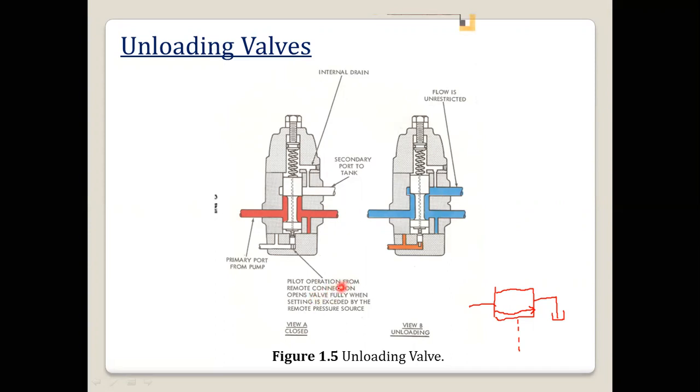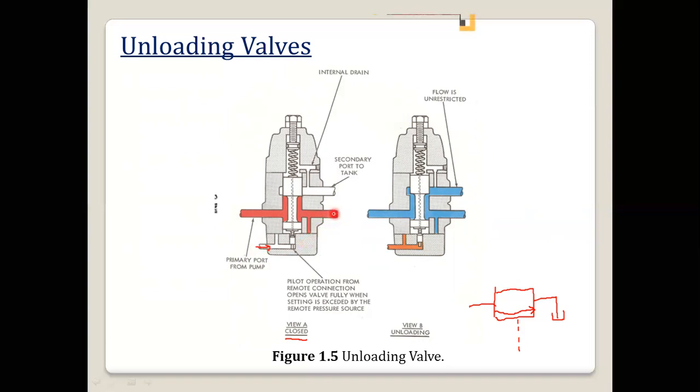Okay, so it is pilot operated from a remote connection, which opens the valve fully when the setting is exceeded by the remote pressure source. This section, view A, is for the closed one. We can see that this pilot pressure we are getting from the external source.